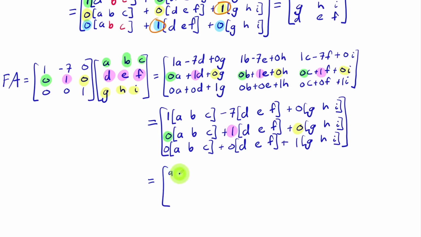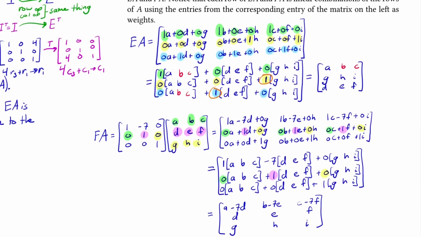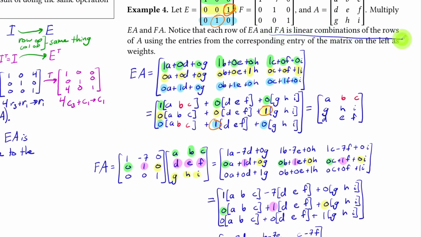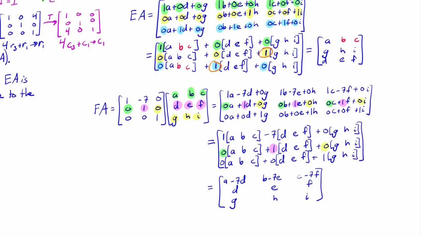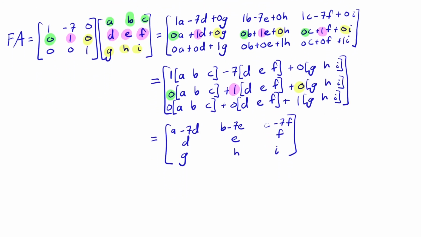Anyways, what you get is A minus 7D, B minus 7E, and C minus 7F. And then the other rows are unchanged. And so yeah, because, as we're trying to show here, the result of FA is a linear combination of the rows of A using the corresponding entries in that row of F as weights, we're doing the same row operation to A that was done from the identity to get F.